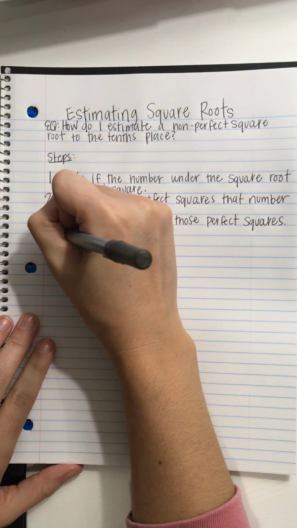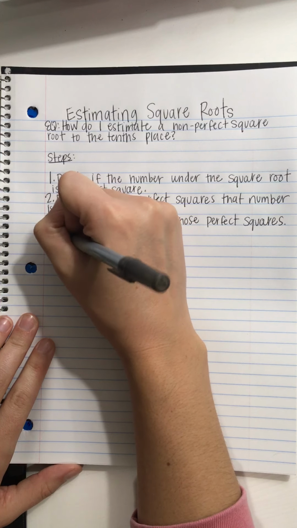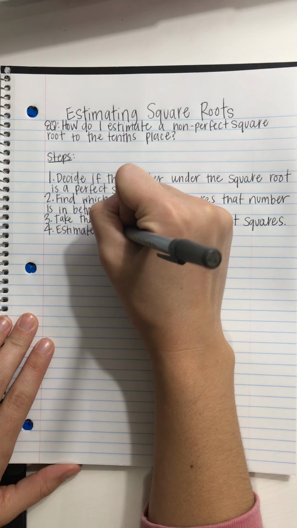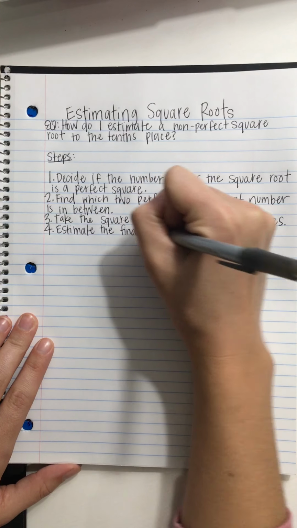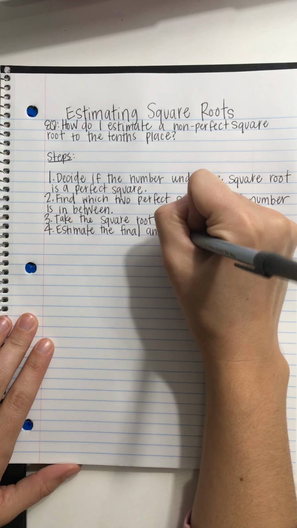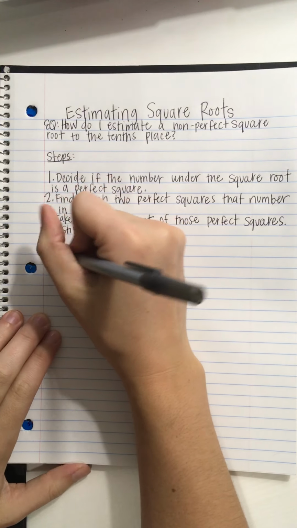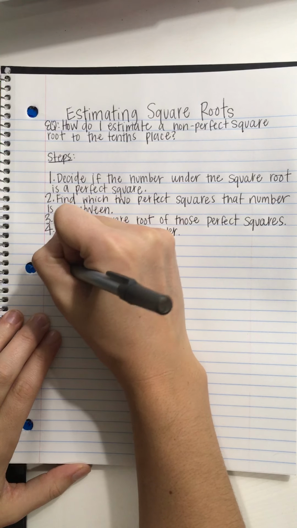And then number 4, we're going to estimate the final answer. So again, this will make more sense to us once we start doing it in some examples. Okay, but those are the steps we're going to follow. Okay? So here we go. Let's get started with some examples.